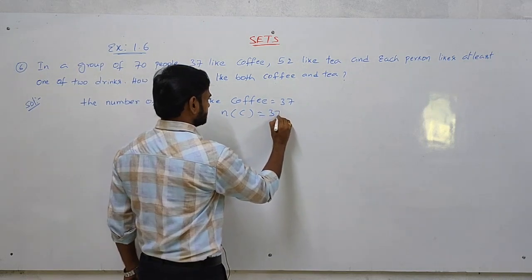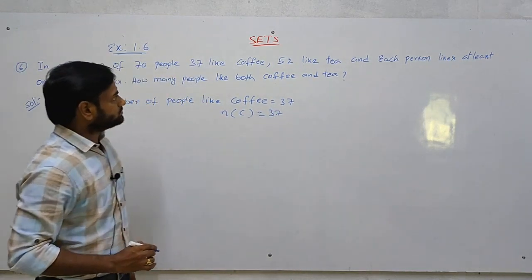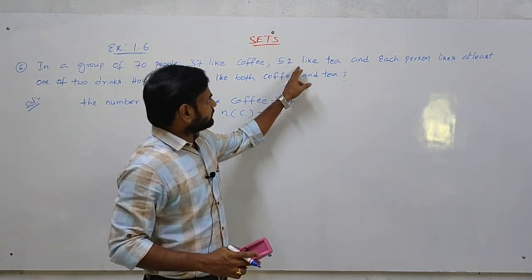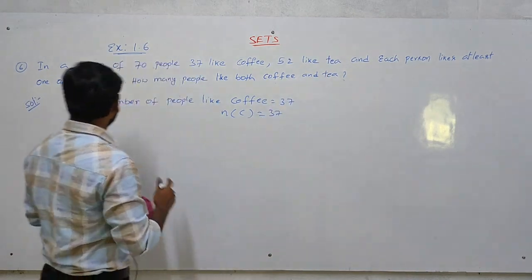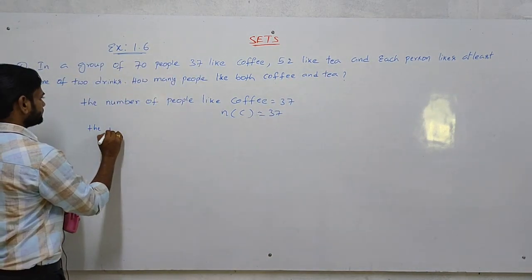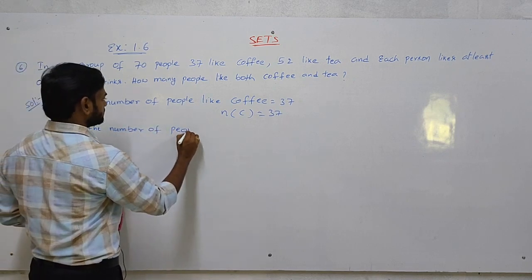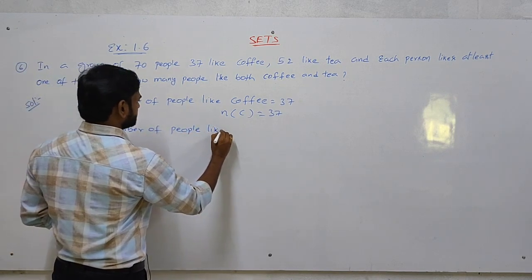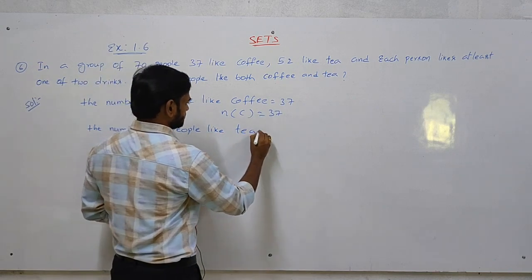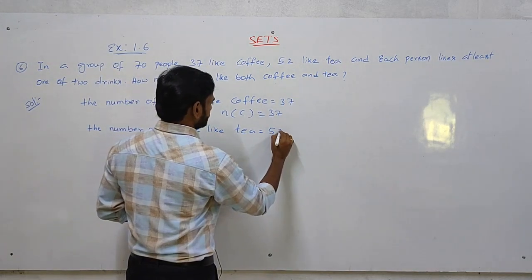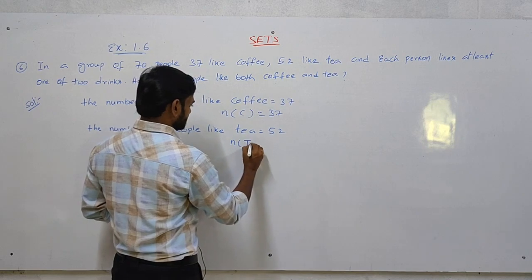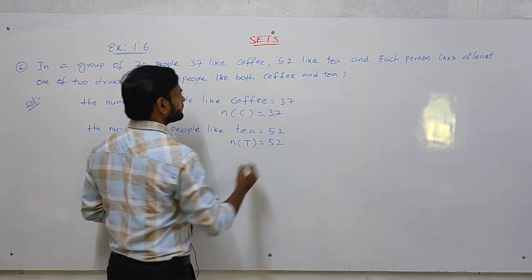That is 37. Next, 52 like tea. The number of people who like tea is equal to how many? 52. That is n of T, capital T I am taking, that is 52.